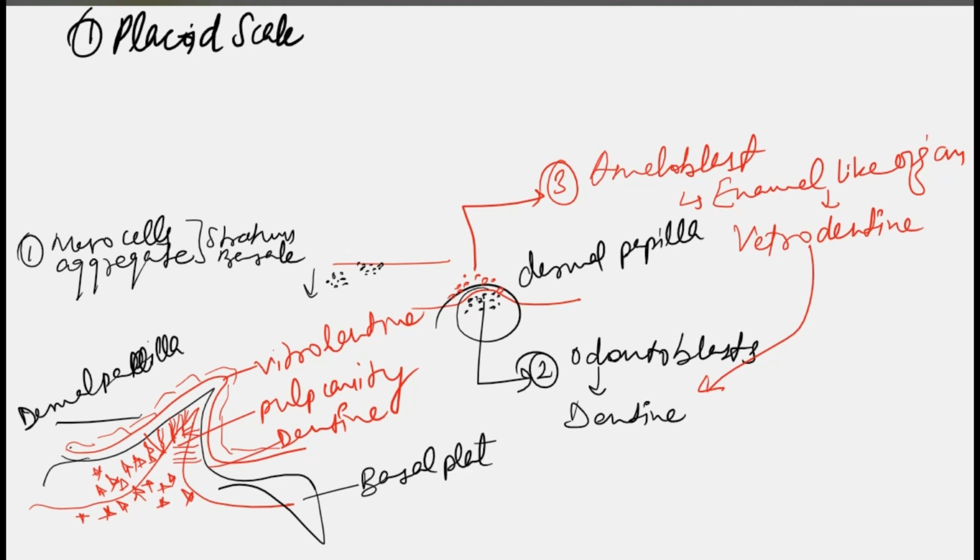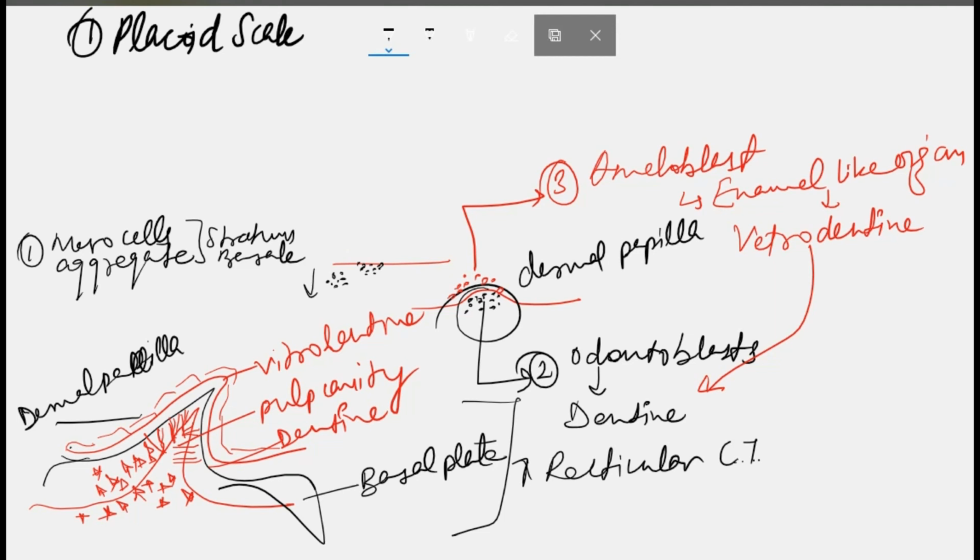The base of the scale is called the basal plate, and it is formed from the mesodermal cells which aggregated here, and they get transformed into odontoblasts as well. So in the dermal region, I have already talked about the connective tissue. I have already told you that there is a high amount of reticular connective tissue present in the dermal region, and by reticular tissue I mean a highly fibrous connective tissue there.